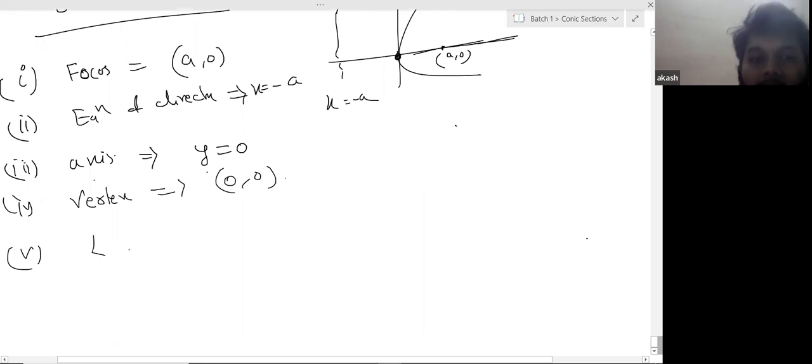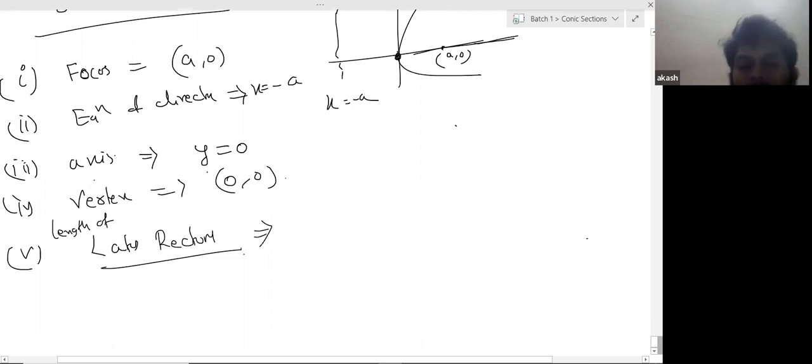There is a fifth thing called latus rectum. What is latus rectum?